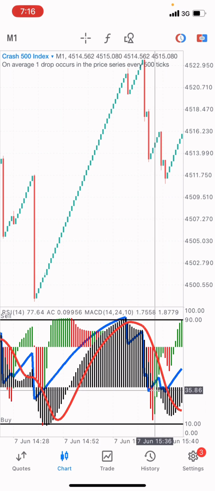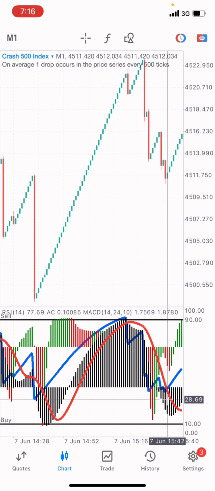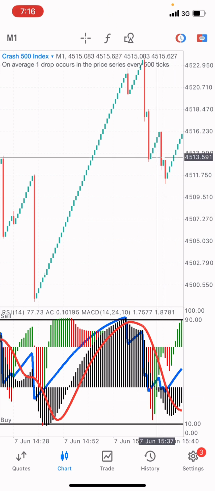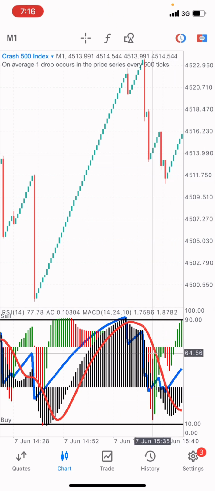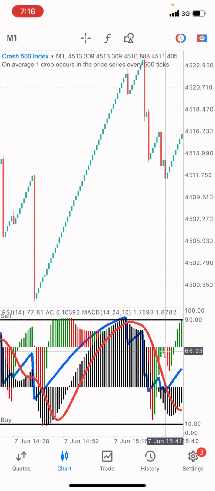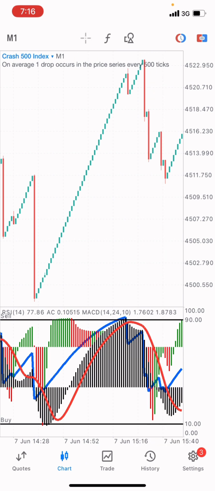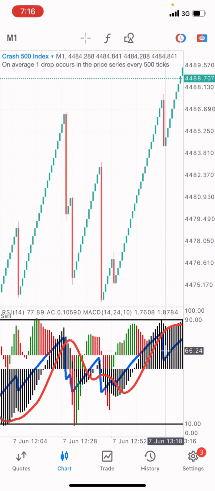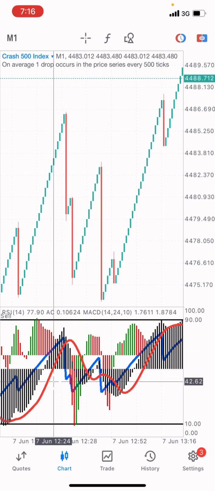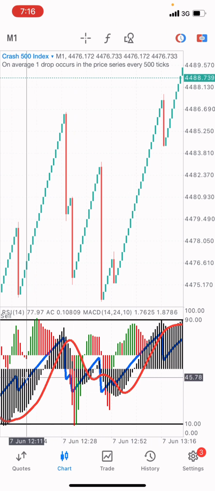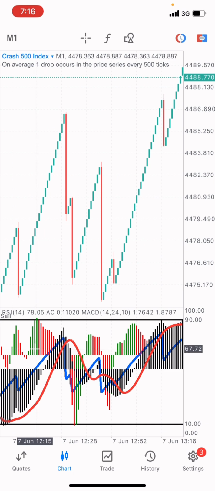Just as you saw here, it starts creating a downtrend. There were spikes here, 2 spikes, downtrend, red line at that point. Okay, just as you can see, downtrend of the MACD, upward trend of the MACD.